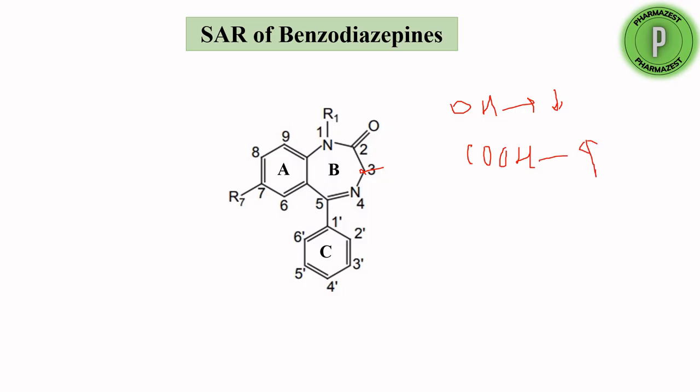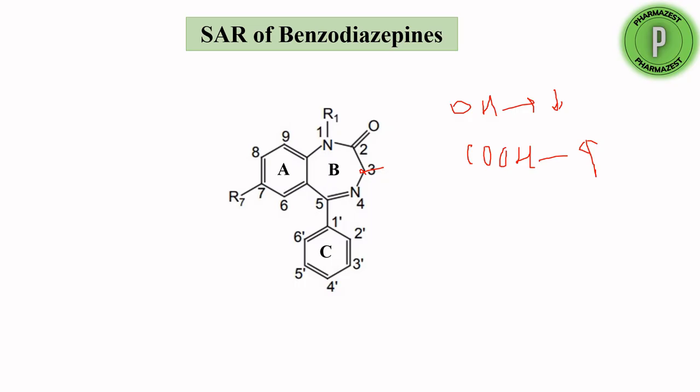So in this benzodiazepine ring at position 3, if you substitute it with an OH group, it reduces the potency of the benzodiazepine. Whereas if you introduce a carboxylic acid COOH group, it increases the duration of action. It has no effect on the potency, but increases the duration of action.